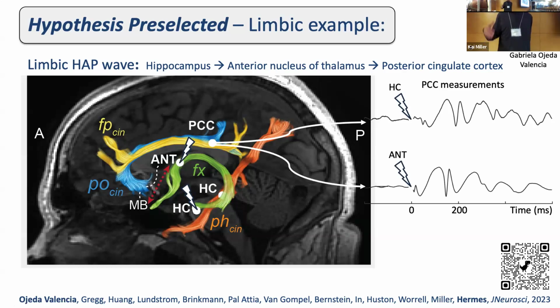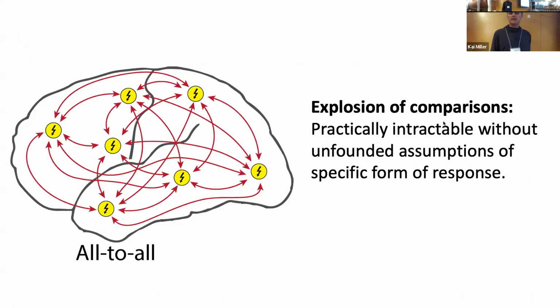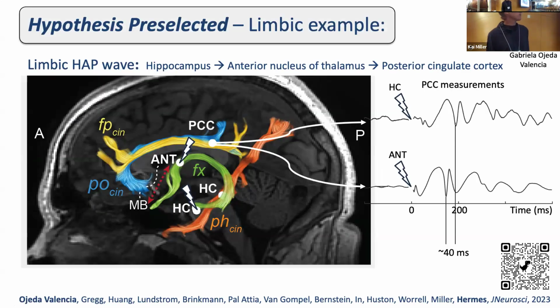And you can say, well, we've measured a significant response here. And actually, there's something really interesting where it looks like the shape is conserved, but just delayed by about 40 milliseconds when you're measuring from the posterior cingulate if you stimulate at the hippocampus rather than at the anterior nucleus of the thalamus. So this would be an example of a hypothesis pre-selected approach.